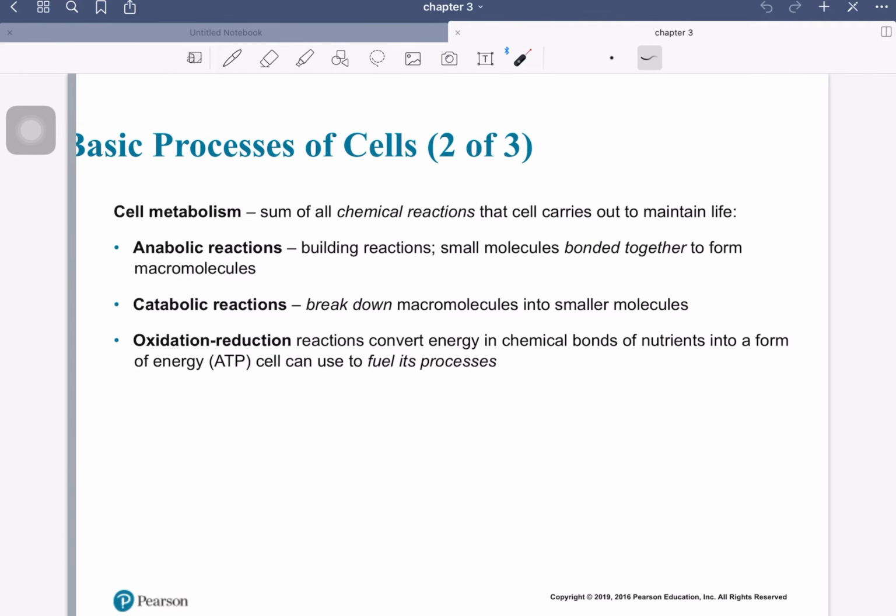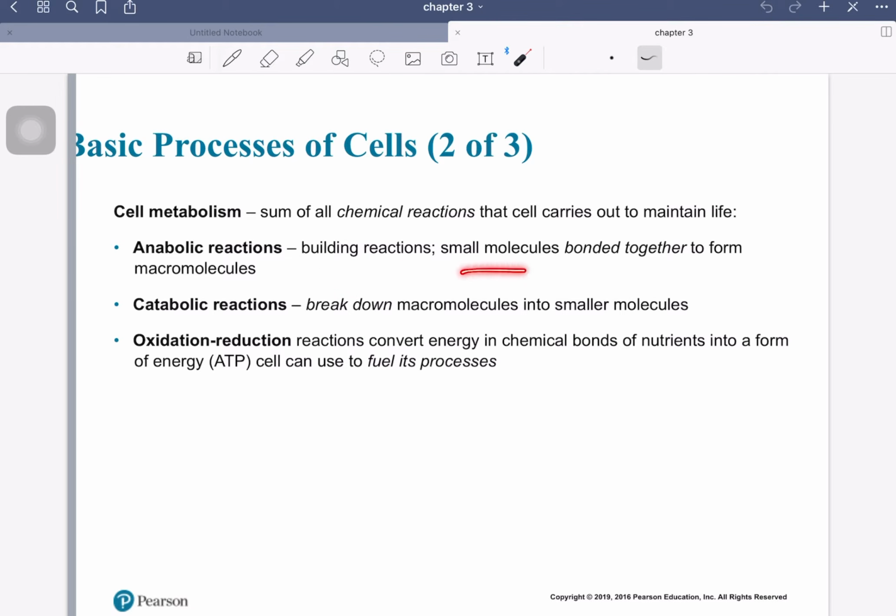Now, when we're talking about cell metabolism, this really is all the chemical reactions that occur to basically maintain life. And we can break them down into the major groups, which we quickly looked at in the chemistry chapter. We have anabolic reactions. They're building.